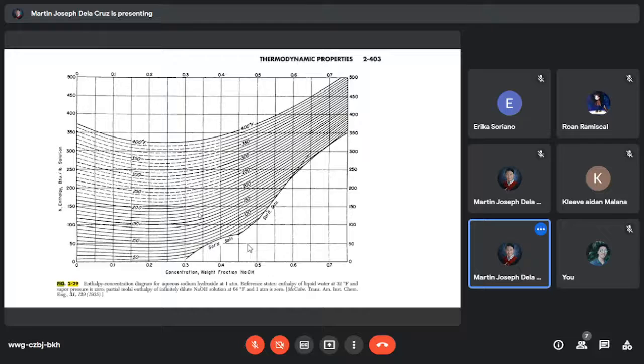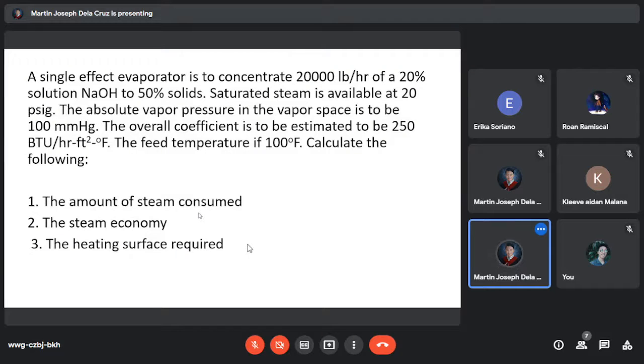Okay. I have here a single effect evaporator to concentrate 20,000 pounds per hour of a 20% solution NaOH to 50% solids. Saturated steam is available at 20 psi gauge. So G stands for your gauge class.